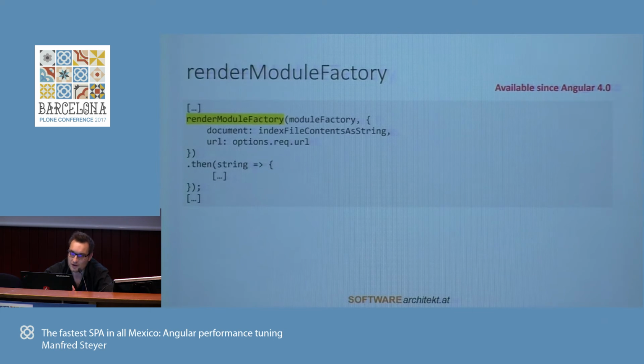So just think we are wrapping this method into a server process, and the server process is creating the HTML and sending it down to the user. As mentioned before, this is available since Angular 4. It was also available for Angular 2, but there it was a community project. Now it has been refactored and it is part of the framework itself.